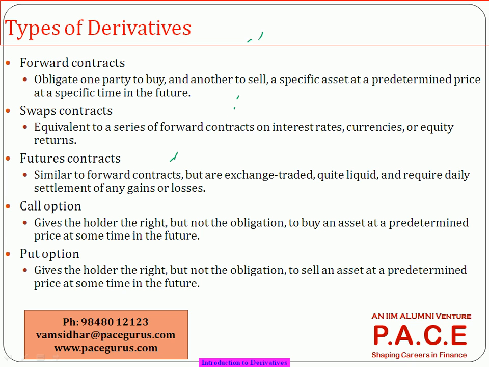Let's say A wants to buy something from B after 1 month, right? A is a buyer, B is a seller of some good. Probably we'll talk about oil. A wants to buy oil from B after 1 month, probably at $1,000. This is the deal.